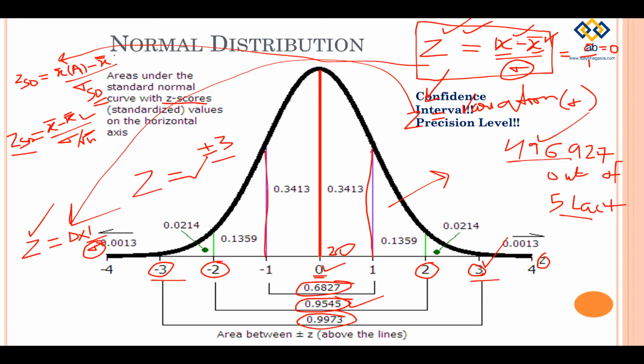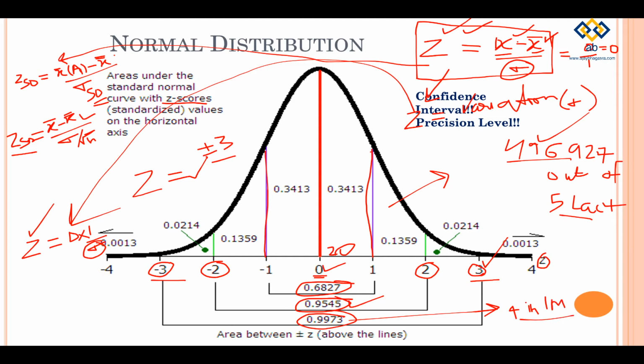So the number of observations covered is 99.73 percent. If you convert this into a whole number, you would see it is 4 in 1 million. This is what we are talking about in 6 sigma.